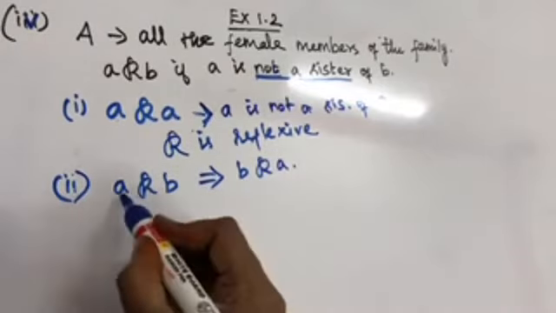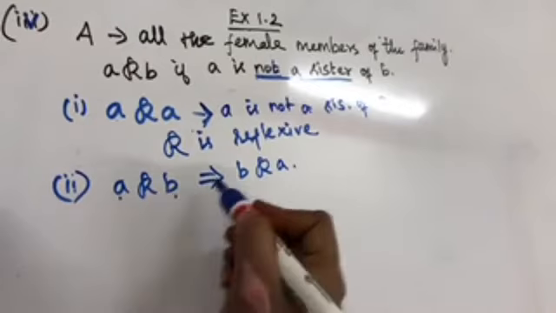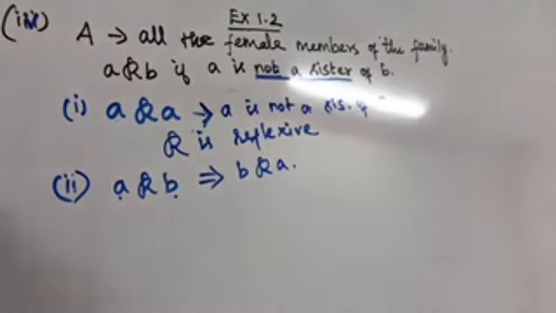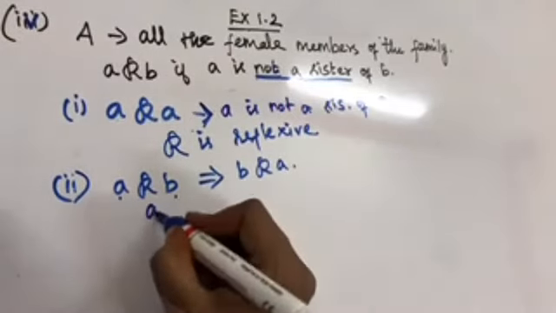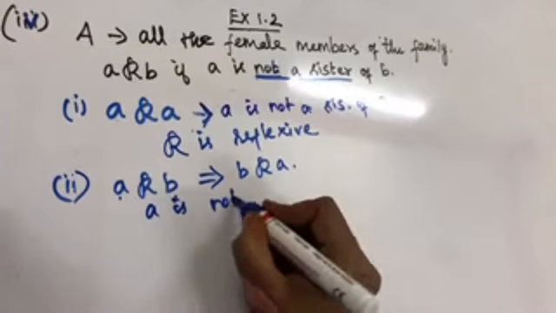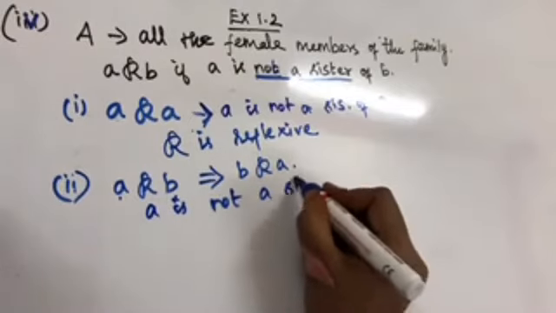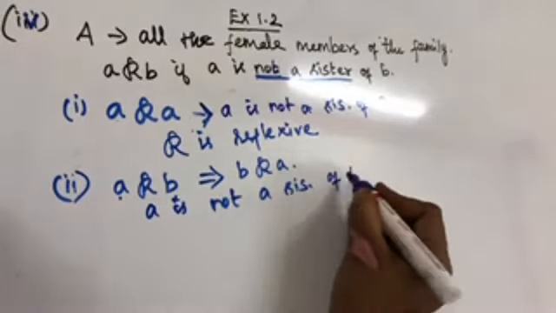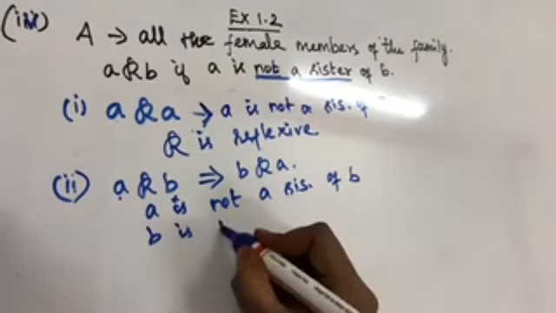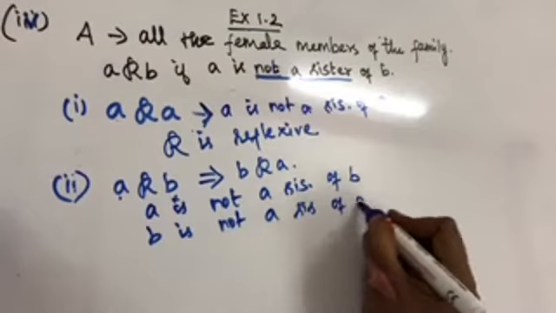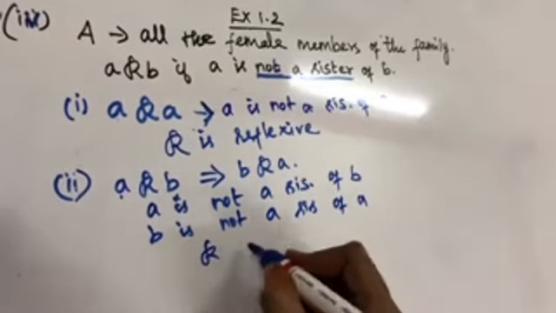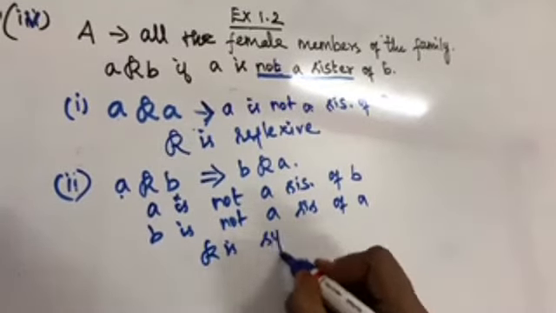Yes, if A is not the sister of B, then obviously B is also not the sister of A. So, R is symmetric.